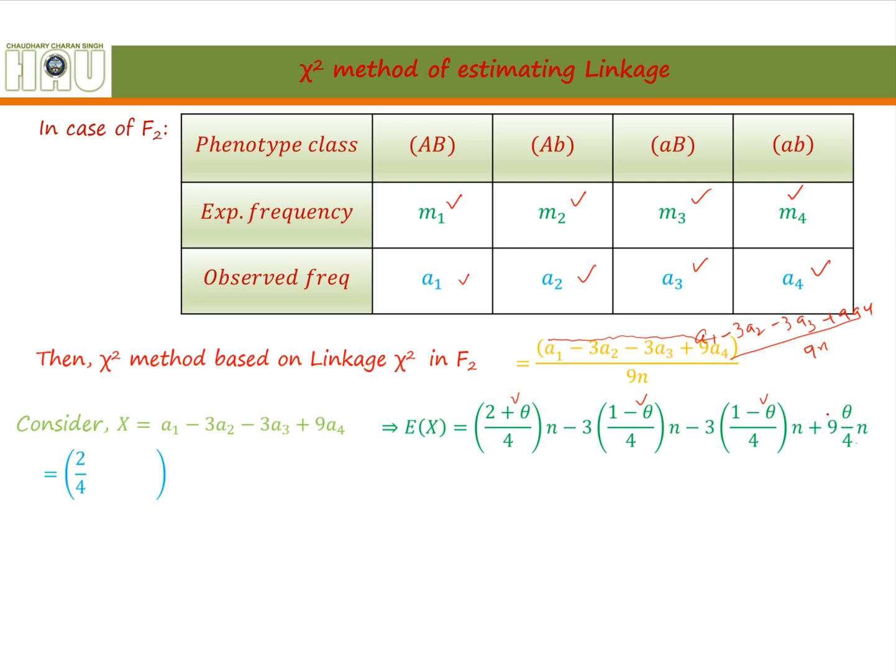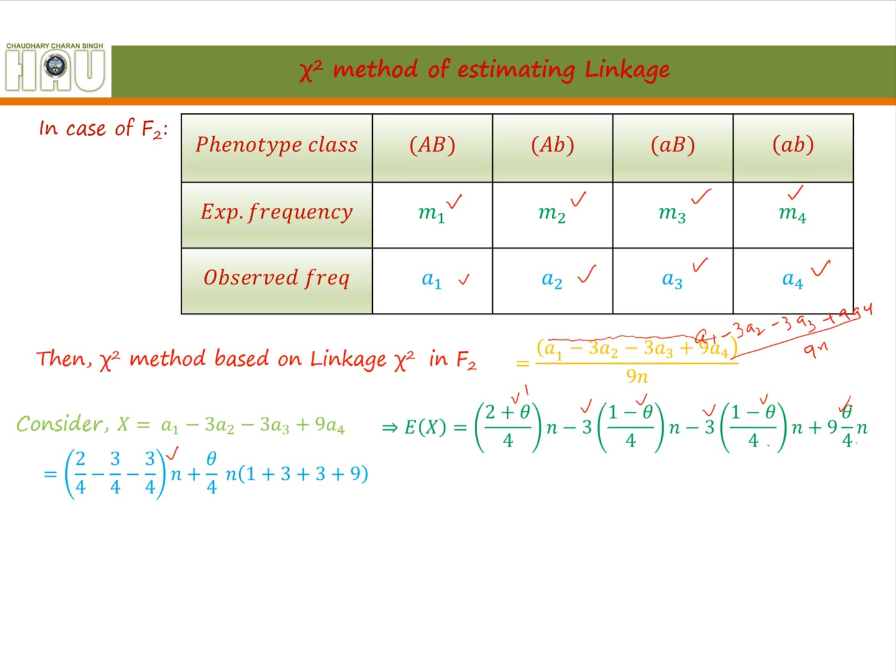So if I simplify this, 2 by 4 minus 3 by 4 minus 3 by 4, and n is there. I club these things, then theta by 4 common, I will get 1 plus 3 plus 3 plus 9.